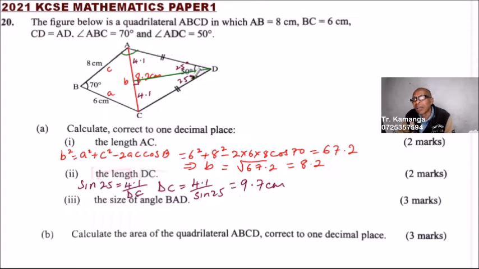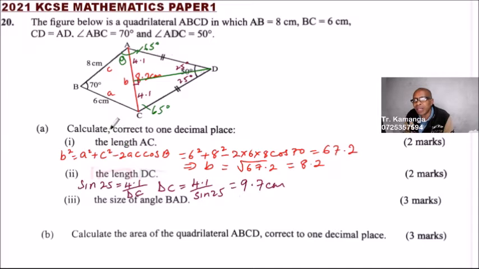So the base angles are 65 degrees each. Let me check: 130 plus 50, they add up to 180. That's correct. So what we need is this angle, which we add to 65 to get the whole of this angle. Now, how do we get that?